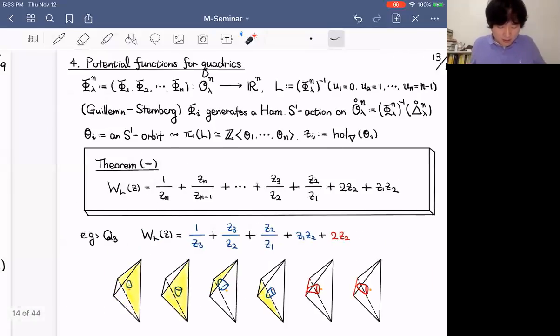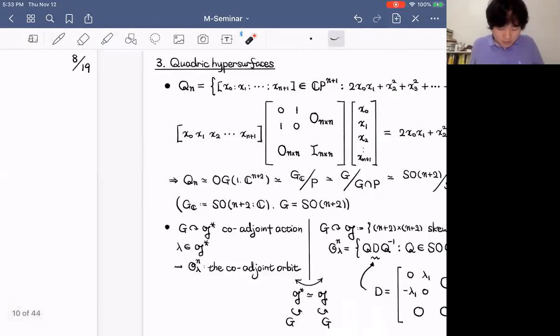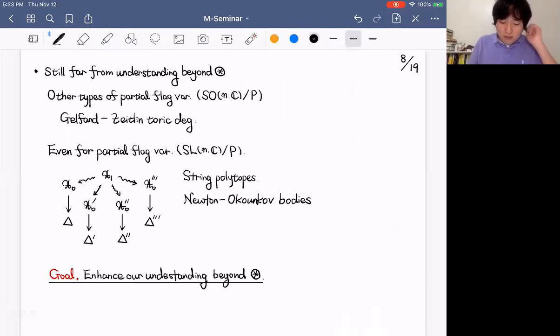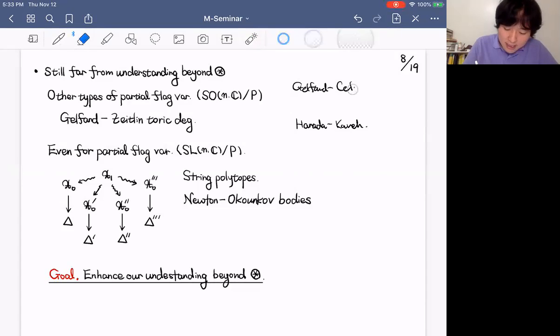Okay, so let's look at this picture. The work you can rely on, if you are only interested in the toric Lagrangian torus fibration and not the singular one, is the work of Harada and Kaveh, and also the Gelfand-Zetlin one.